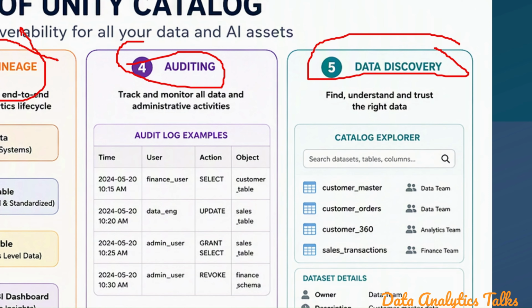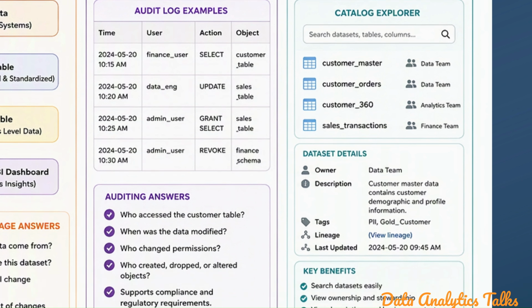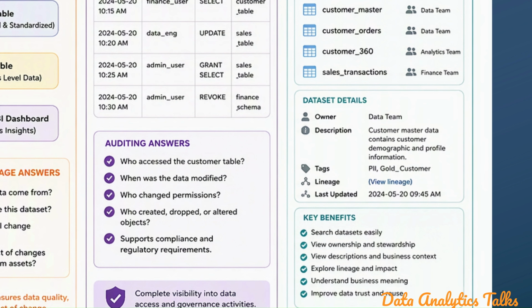They can also see the dataset description, ownership information, business metadata, data lineage, and last refresh information. Instead of asking multiple teams where data exists, users can discover trusted datasets themselves. This promotes data reuse, improves productivity, and increases confidence in enterprise data assets.